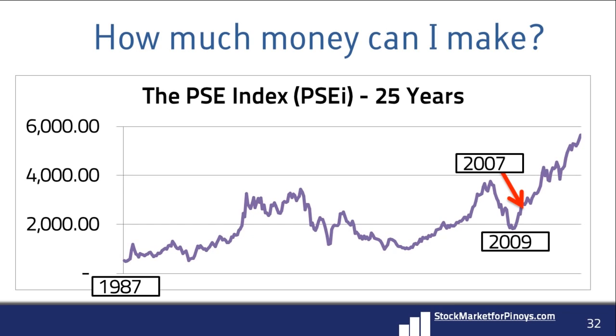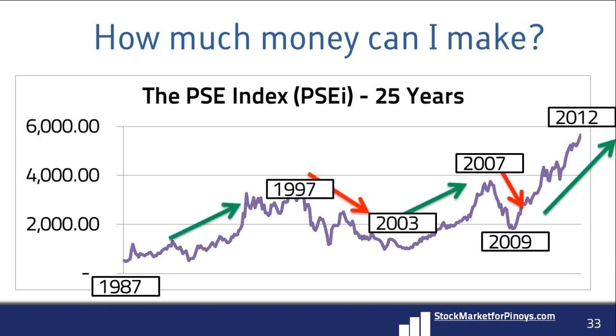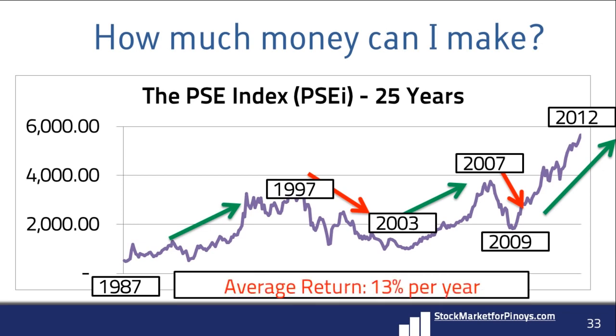So that's how the stock market goes in a very general and average sense. It goes up and it goes down and it goes up and it goes down. But the comforting fact here is that it goes up more than it goes down. In this period, the average growth of the stock market is at 13% per year. Now, I'd like to help you appreciate this number, this 13% per year for a while.